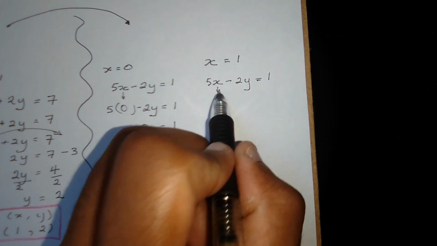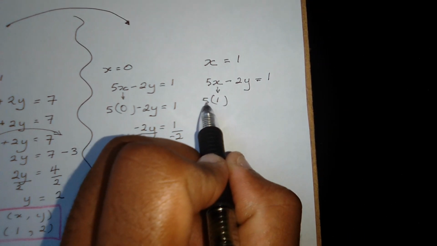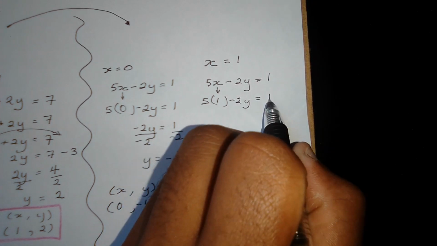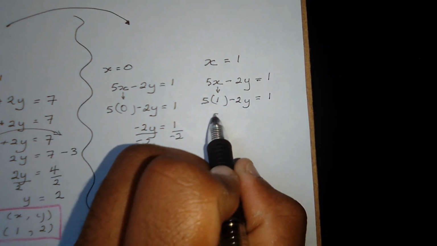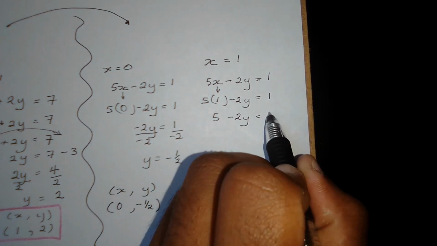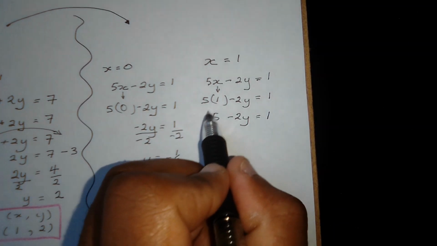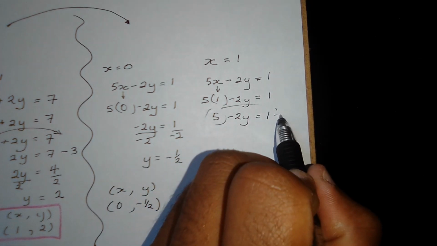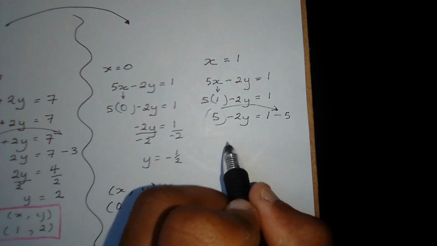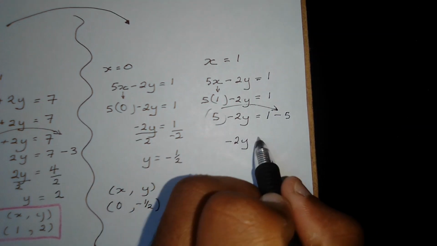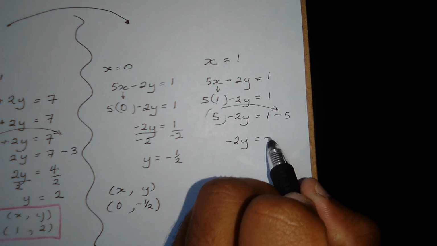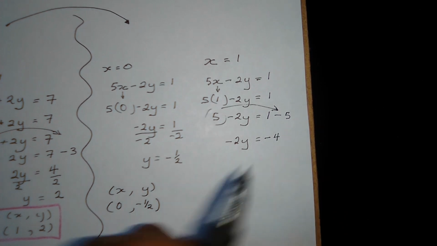So x for 1, everything before x, everything after x. 5 times 1 is 5. 5 minus 2y is equal to 1. And when I carry this across, it's going to become negative 5. See that? Negative 5. So minus 2y is equal to 1 take away 5, which is going to be negative 4.